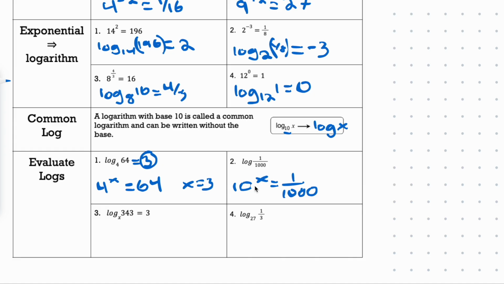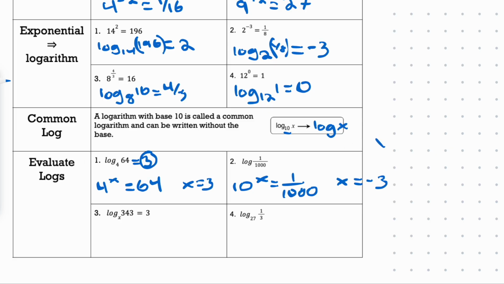I'm just going to say 10 to what power equals 1,000? Well, since we have 3 zeros, that's going to be 3, because 10 squared is 100, that's 2 zeros, and 10 cubed is 1,000, that's 3 zeros. But since this is a fraction, this is going to be negative, because we're saying 10 to the negative third.